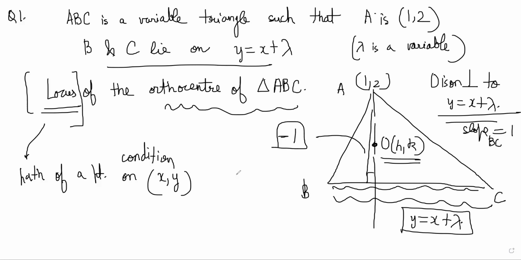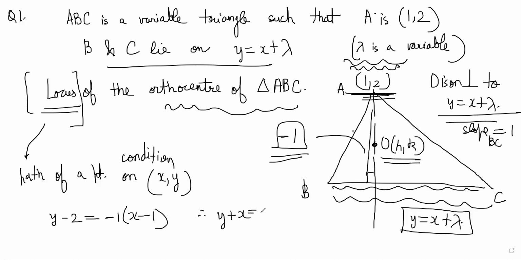So if you know the slope of this line and you know one more point on this line, which is 1, 2, then you know the equation of this line. You know slope and a point. So equation of the line should be y minus 2 is equal to -1 into x minus 1. So therefore you get y plus x should be equal to 3.